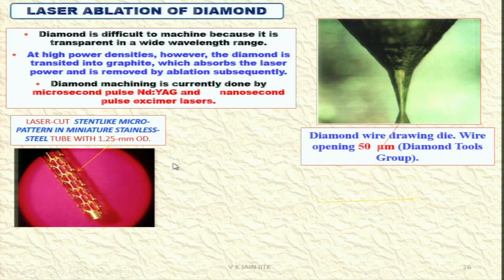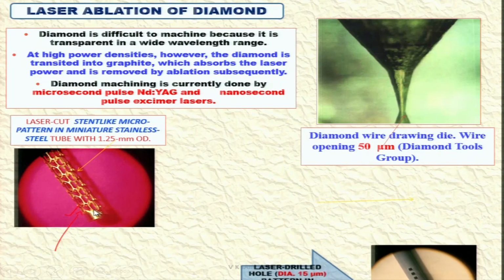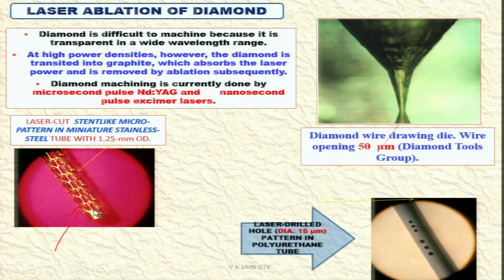Now this is a very interesting application. Laser cut stent-like micro pattern in miniature stainless steel tube. You can see here, this is the stainless steel tube, and miniature features are created. They are shown over here with these arrows, and these are the miniature features created over here. And this is done by laser beam machining.